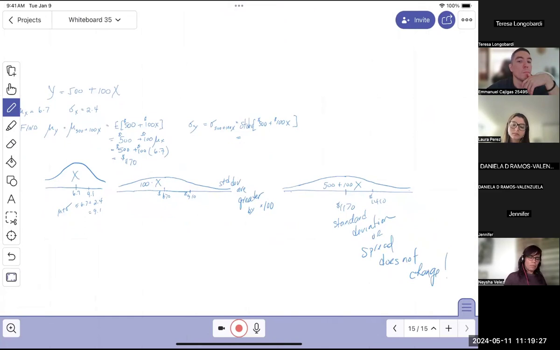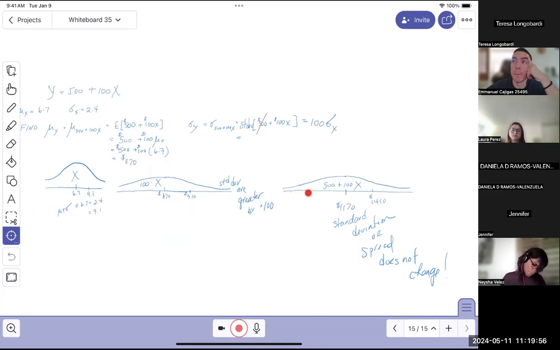Okay, so that doesn't change. So the result is, when you're talking about the standard deviation, this shift factor has no effect. All right. The standard deviation of 500 plus 100x is just 100 times the standard deviation of x. That's it.